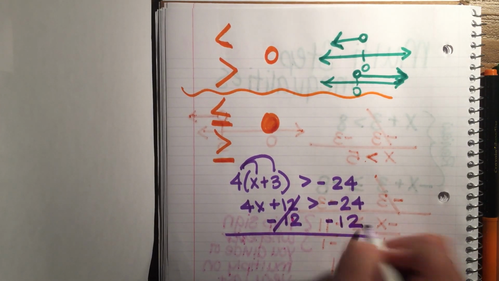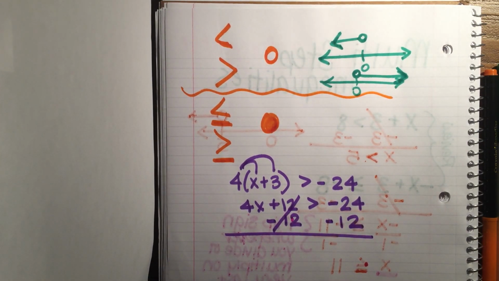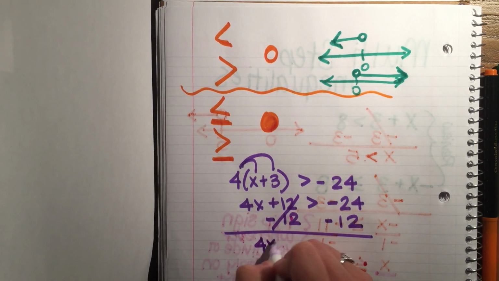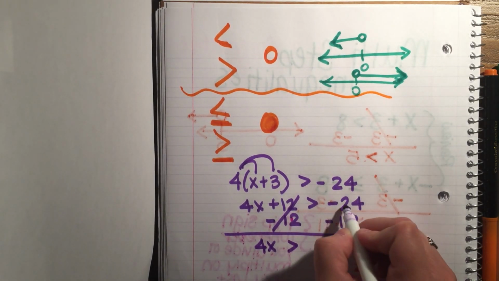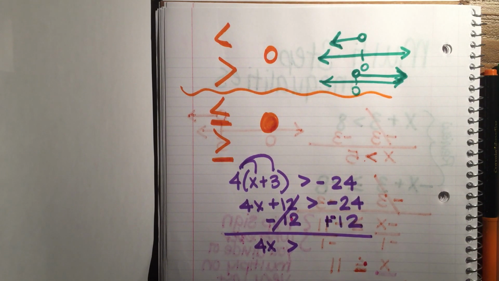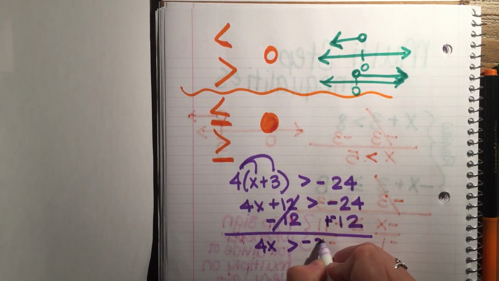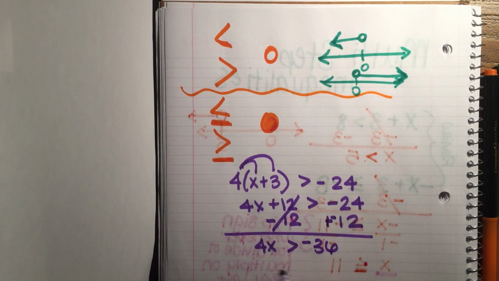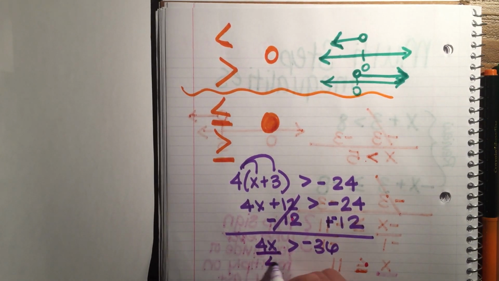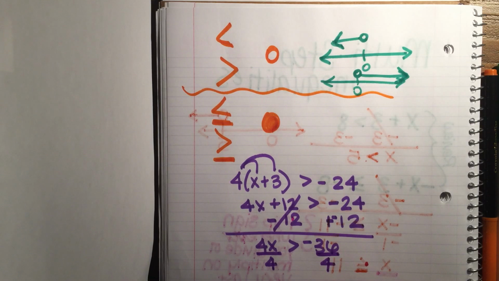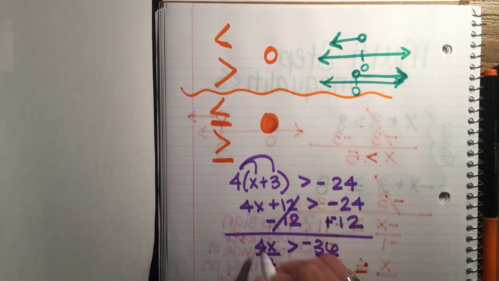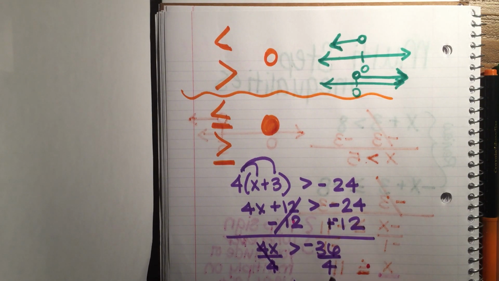What we do to one side, we have to do the same thing to the other side. We're left with 4x is greater than negative 24 minus 12, which gets us negative 36. We want to isolate our variable. We're going to divide by a positive 4, which means our inequality symbol stays the same. x is isolated, and negative 36 divided by 4 is negative 9.